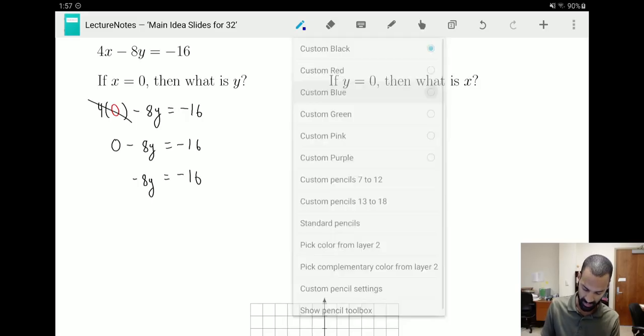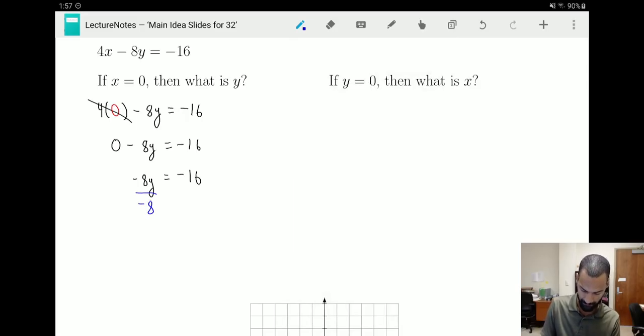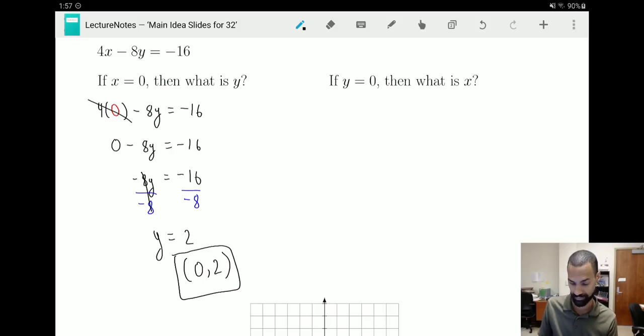Okay, divide both sides by negative 8. That gives me y equals positive 2. So when x is 0, y is 2. Okay? What about when y is 0? So we'll rewrite the equation, except this time we'll substitute in a 0 for y.